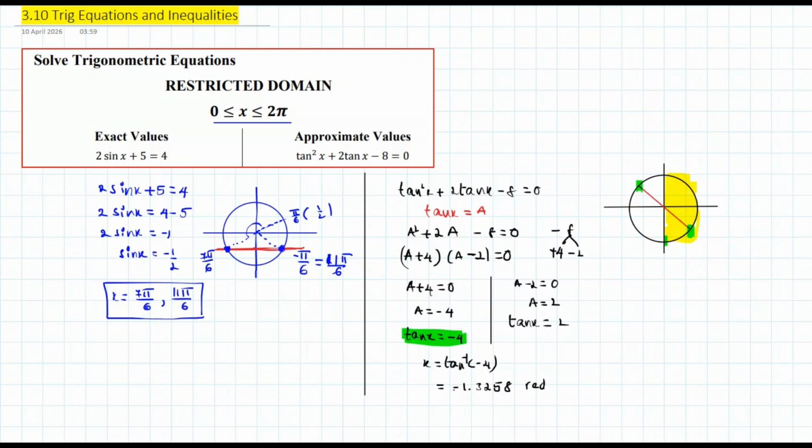But we need to find the angle within 0 to 2 pi. So add 2 pi to this angle, so x equals -1.3258 plus 2 pi.